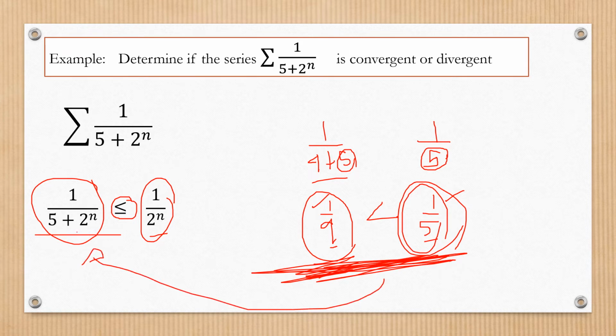So, we have the same 2 raised to n, but we added 5 here. So most definitely, itong fraction na ito is less than or equal to 1 over 2 raised to n. Actually, it is really less than 1 over 2 raised to n, but pwede rin naman less than lang ang gagamitin natin, but I just used less than or equal to because of the sa condition sa comparison test. But again, you can use this one or this one.